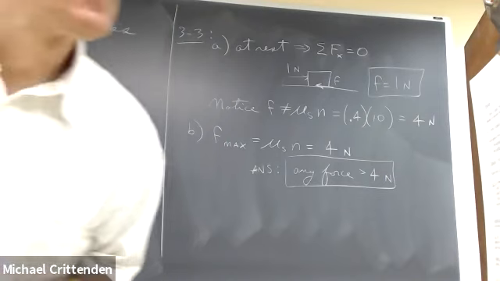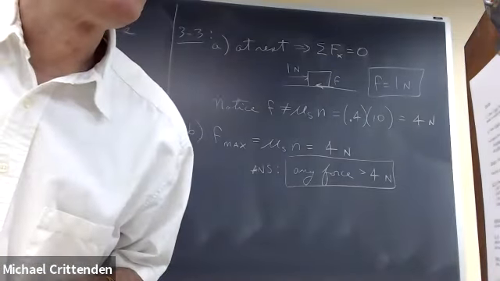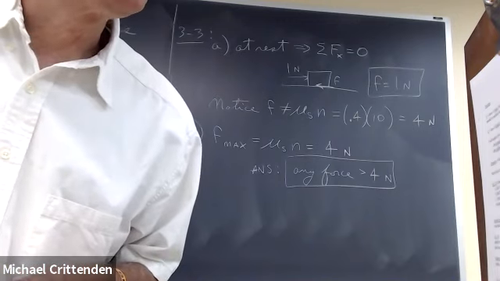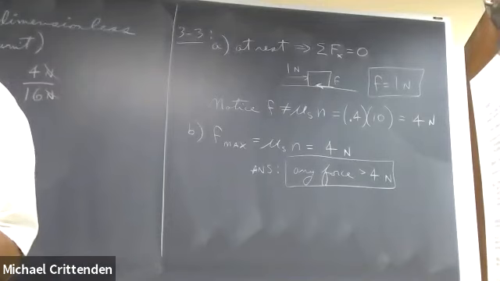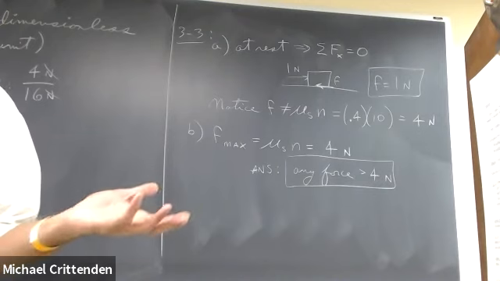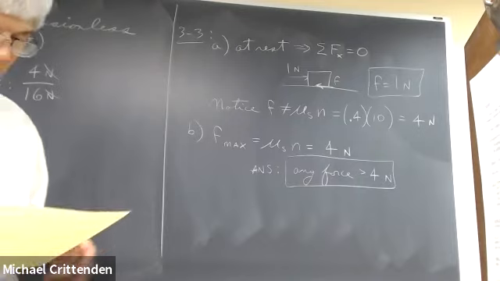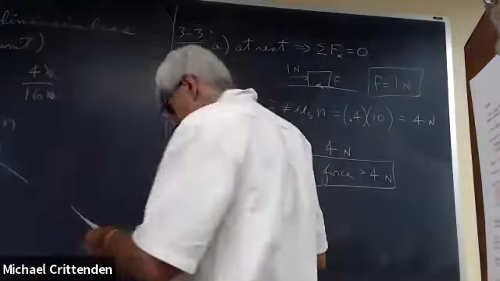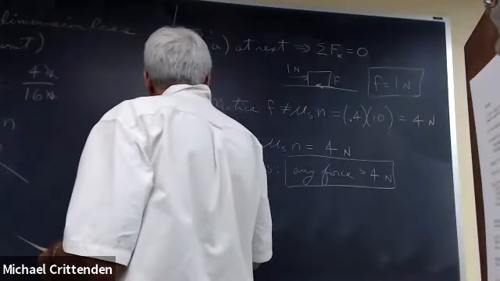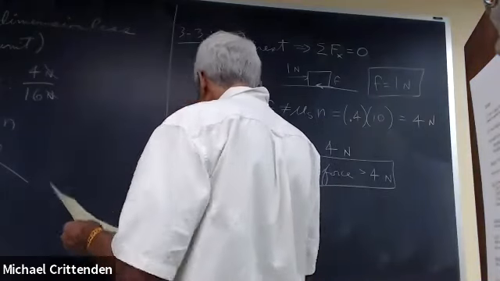Last part. How hard do you have to pull to keep it going at a constant velocity? A constant velocity corresponds to the minimum amount you have to pull to keep it moving indefinitely. You could always pull harder and the thing would accelerate, but the minimum necessary for it to never stop would be if you just make a constant velocity.